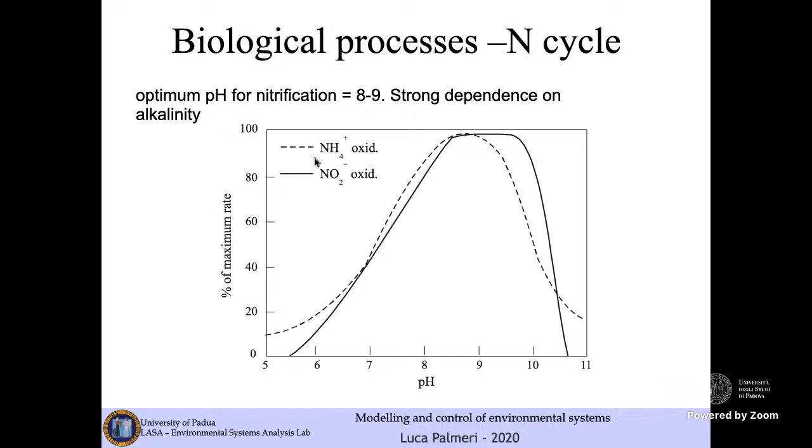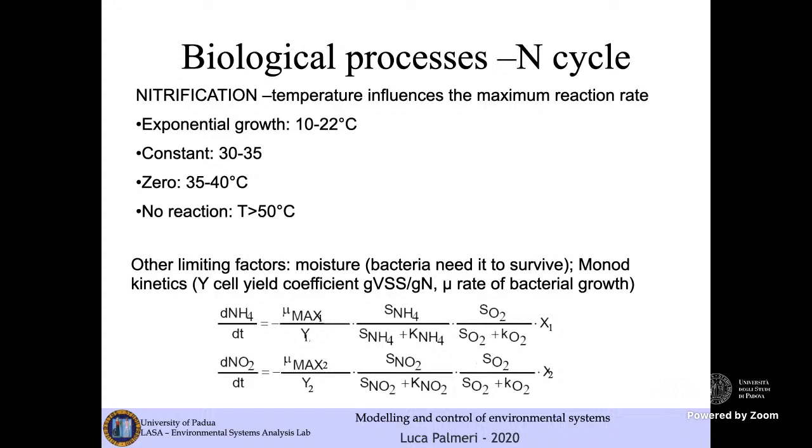The dashed line is the first step, carried out by the Nitrosomonas, the first oxidation step of ammonia into nitrite, and then the continuous line refers to the second step carried out by the Nitrobacter, the last oxidation that converts nitrite into nitrate.